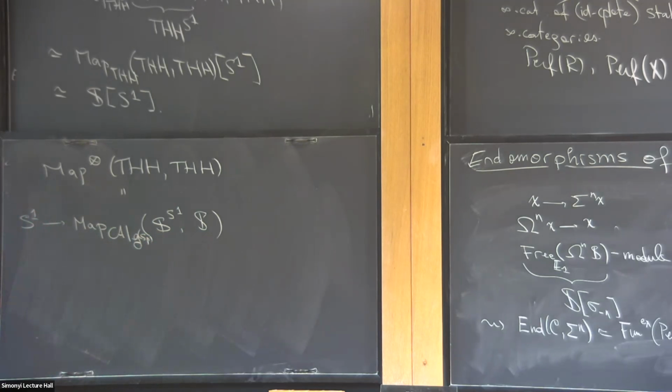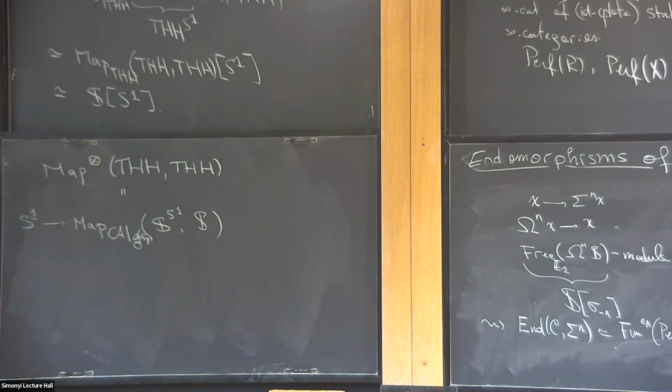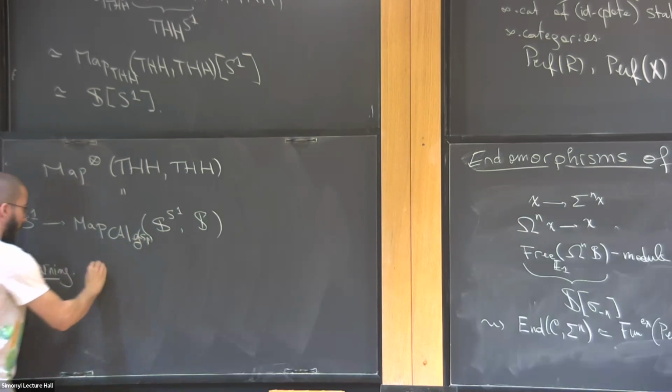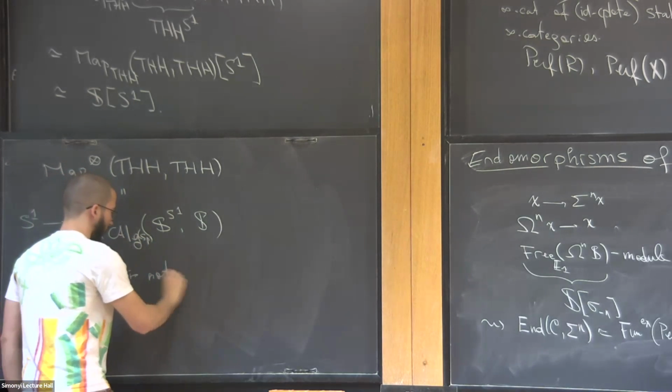I want to point out that the subtlety that I'm going to describe is a small subtlety. The subtlety has nothing to do with THH. It's completely understood here, and it further has nothing to do with the sphere. You might be like, oh, this is higher algebra, that's complicated, but the subtlety I'm going to point out already happens over F_p. So, subtlety, warning, maybe: this is not just S1.